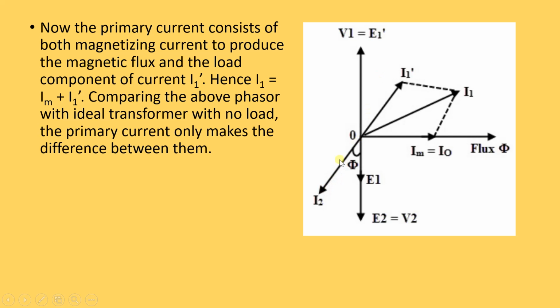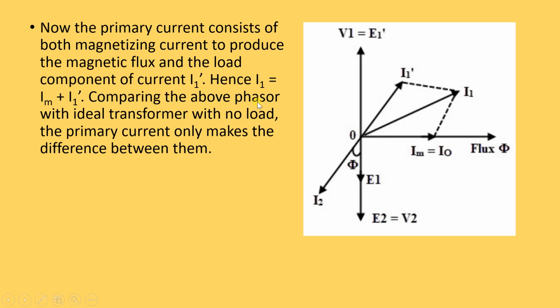So the current flowing in the secondary is I2, the current flowing opposite to I2 is I1 dash, and this is the no load current I0, which is also called the magnetizing current, and we are finding the resultant current I1. This is the resultant current I1, found by completing the parallelogram. So the current flowing opposite to I2 is I1 dash, and I0 is the no load current. When we complete the parallelogram, the resultant current will be our I1.